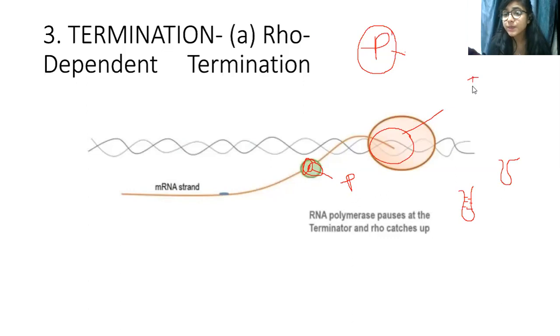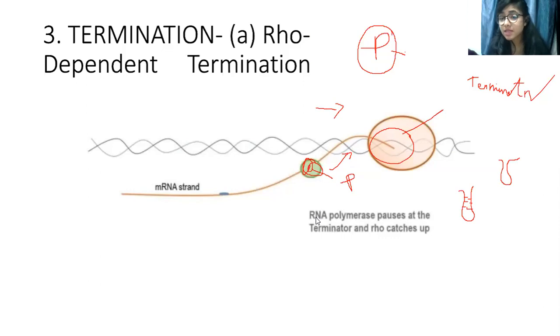Due to this termination sequence, RNA polymerase, which is reading the DNA sequence downstream, will halt, will pause for a moment, due to which this Rho factor will catch up with its movement and come here.